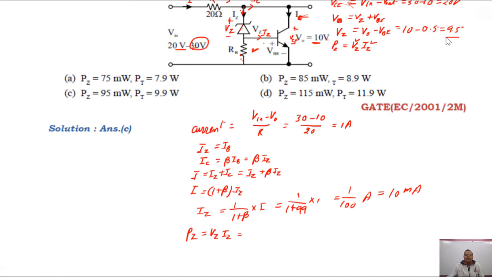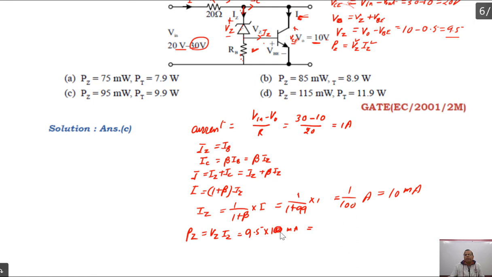So the power dissipated in the Zener diode will be 9.5 multiplied by 10 milliampere. Sorry, this is 10 milliampere, not 100.